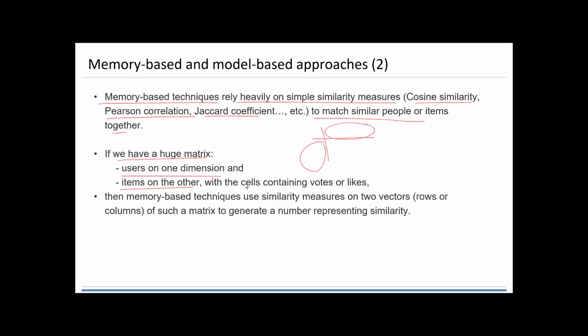The cells contain ratings or likes, for example, for user one and item one, whether the person likes it or not, or how many stars, etc. The memory-based techniques use similarity measures. We check the similarity between two vectors, between rows or columns, to generate a number representing similarity. And we use that similarity to look at the nearest neighbors.